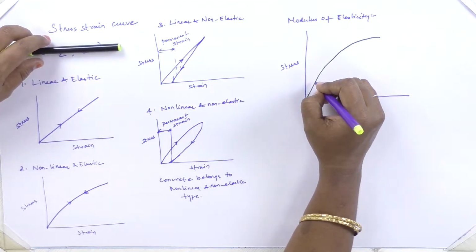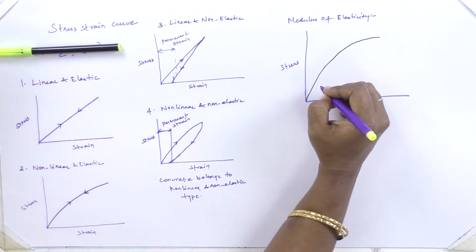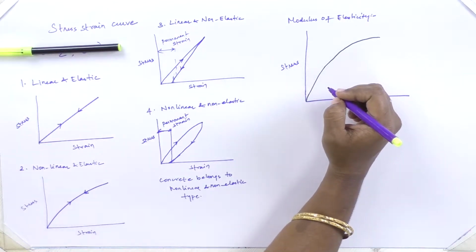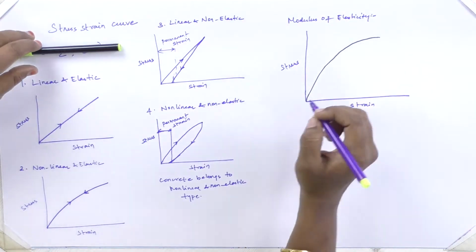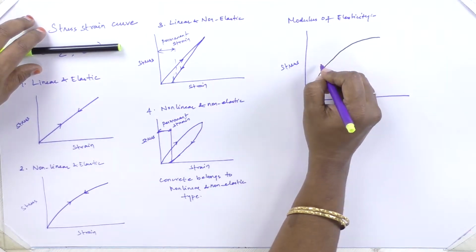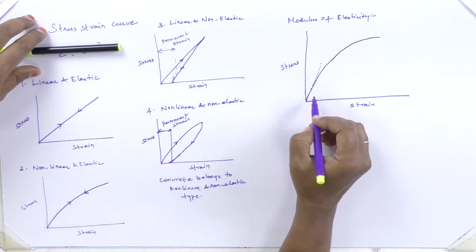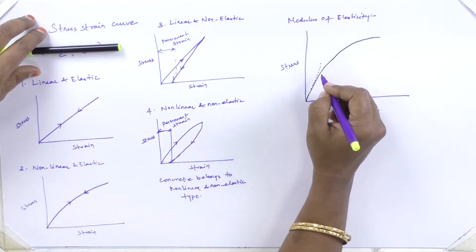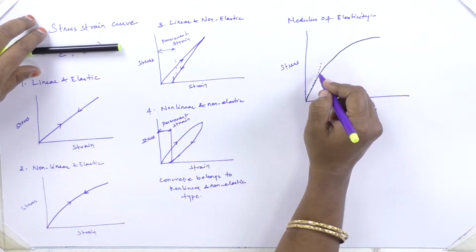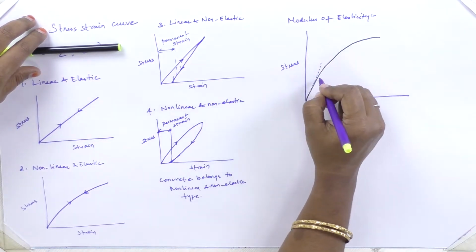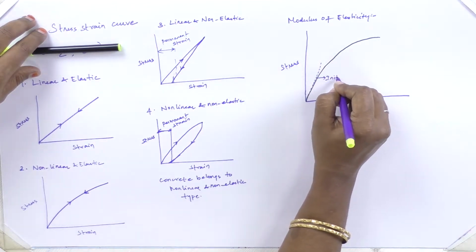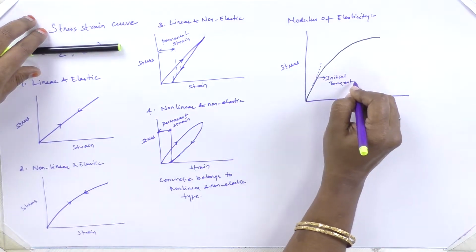If I choose this point and draw a tangent here, then it is termed as initial tangent modulus.